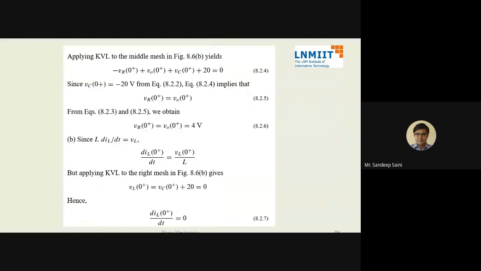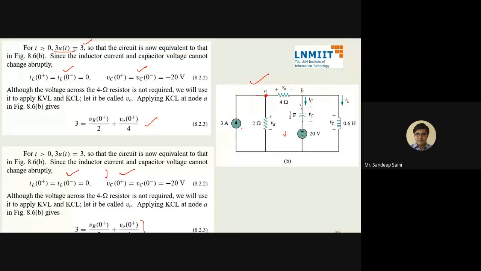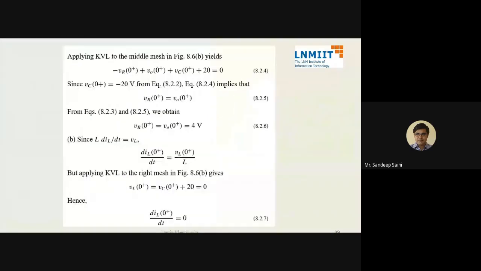So now coming to KVL, we have to apply KVL here, here, and here. In the central mesh, when I apply the KVL like this, minus VR plus VO plus VC plus 20 equal to 0. VC at 0 plus is known to us.